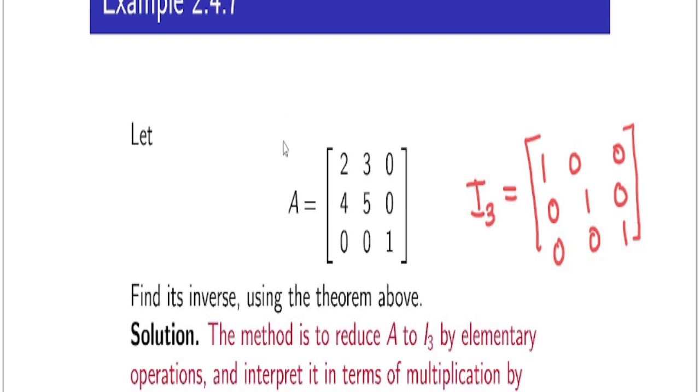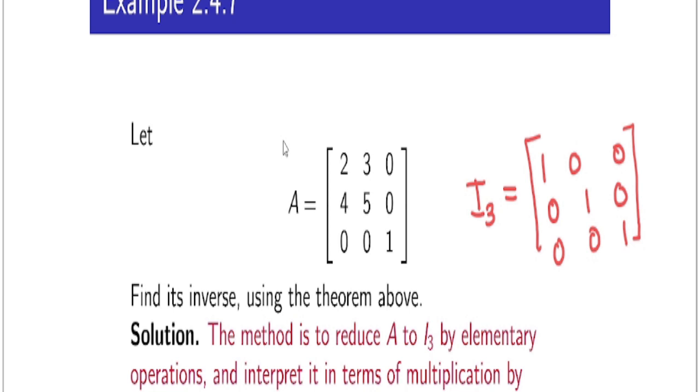If you observe this matrix A and I3, we apply some row operations on I3 and we get our matrix A, that is the product of elementary matrices.